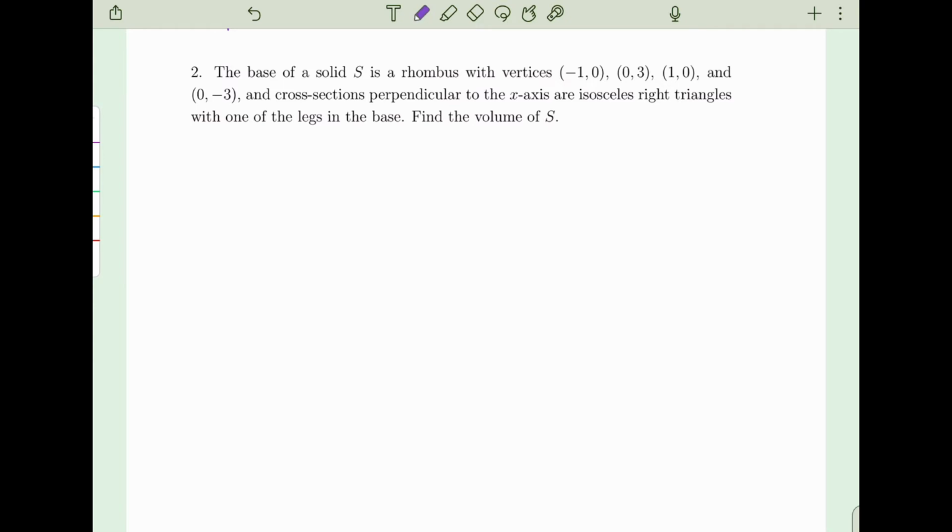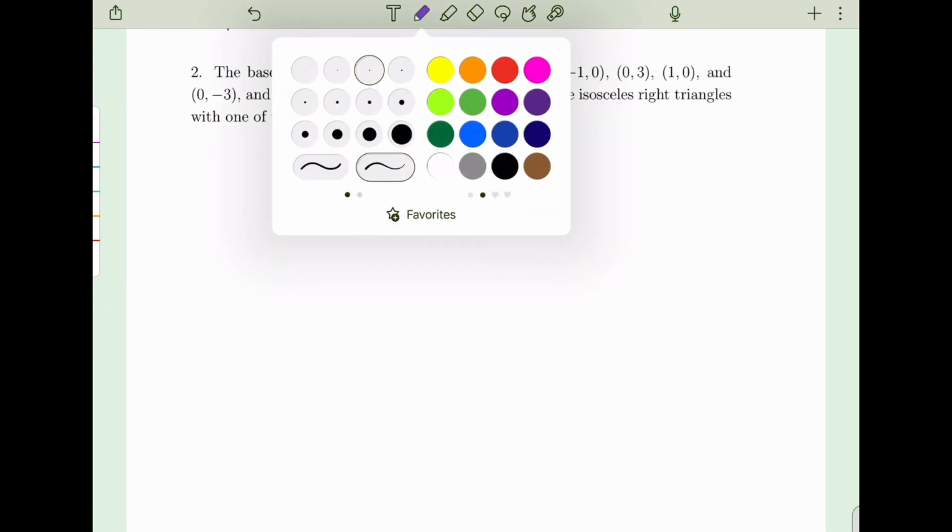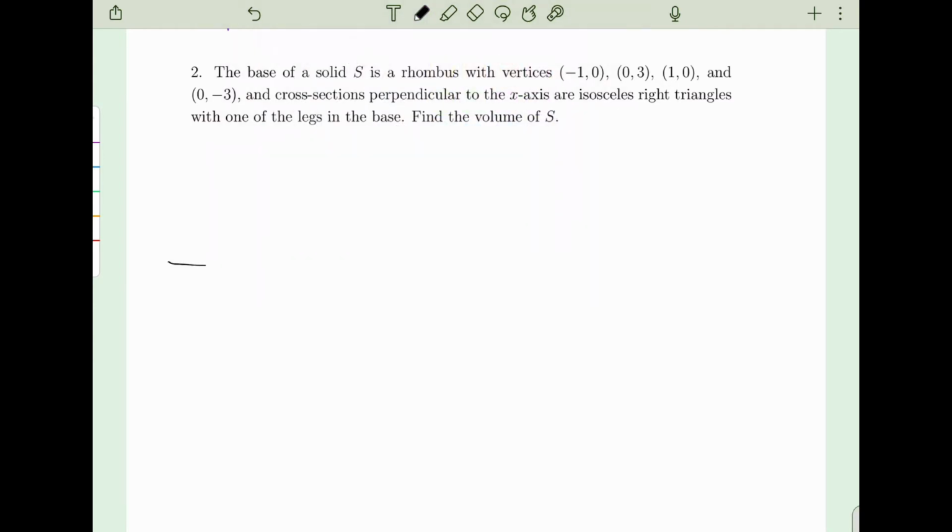It means that you have your base here on the xy plane. Imagine that you're looking from above. So this is the ground level. And you have your, my coordinate is ugly. Let me fix this.